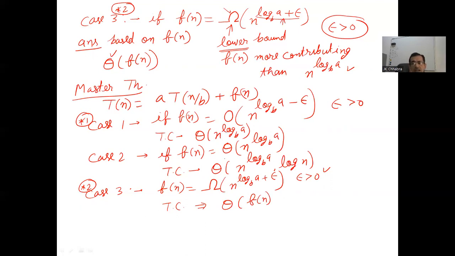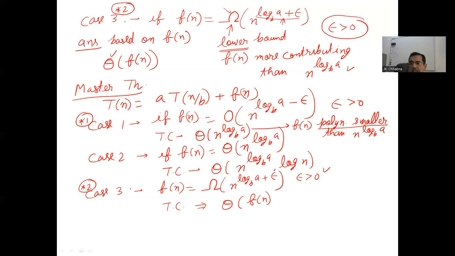So what are the conditions? Now we go for the conditions. In case 1, the condition is that Fn is polynomially smaller than n power log base b of a. What does polynomially smaller mean?